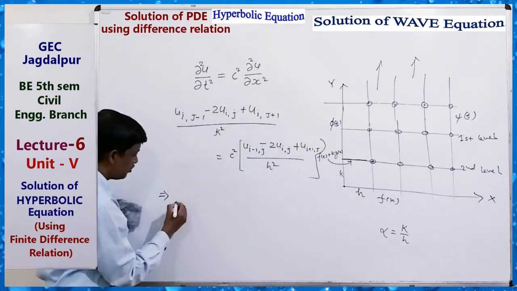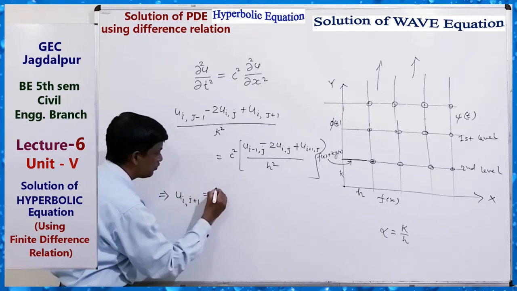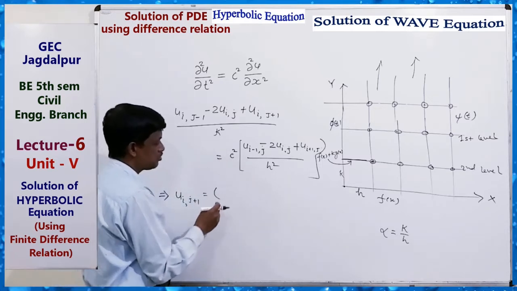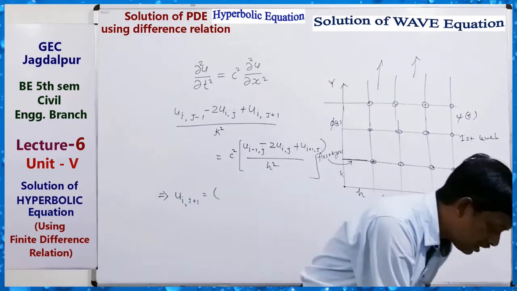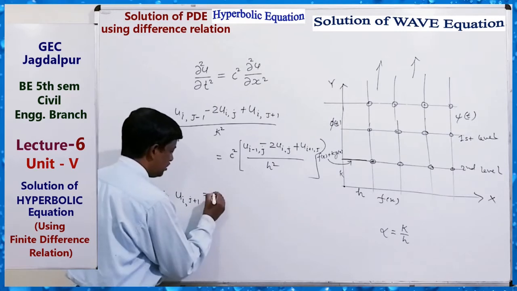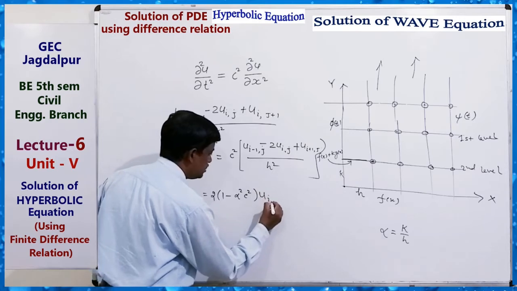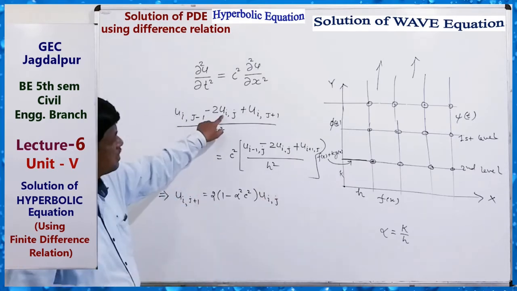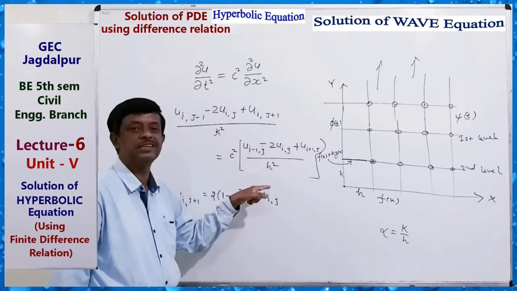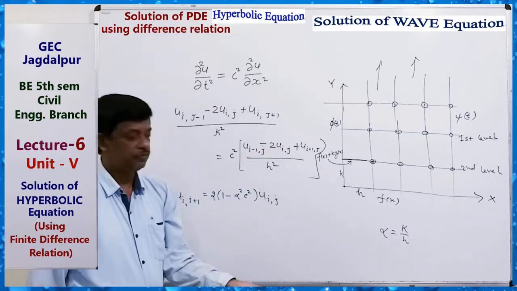So from this formula we can get u(i, j plus 1) equals to, with c square, k square by h square, c square alpha square, just we can adjust like this: 2 times 1 minus alpha square c square u(i, j). Just u(i, j) is here, also u(i, j) is here, minus 2 c square alpha square, so c square alpha square into 2 minus 2 alpha square c square.